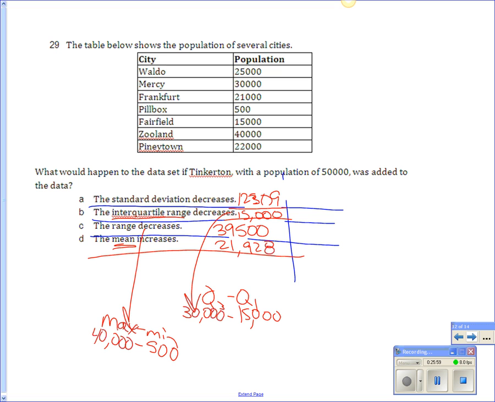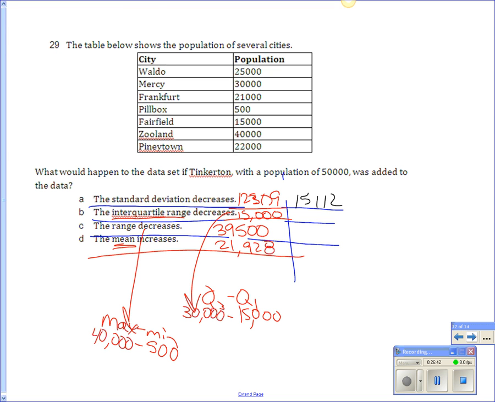Now go back to stat, add 50,000 to the bottom of your list. All right, Stephen A., what's your new standard deviation? Say it again. SX, right there, SX. 15,112.